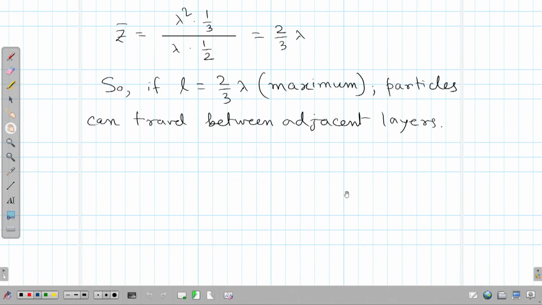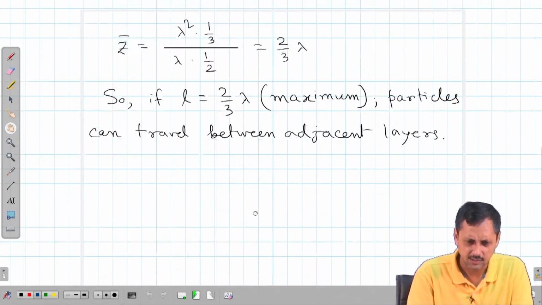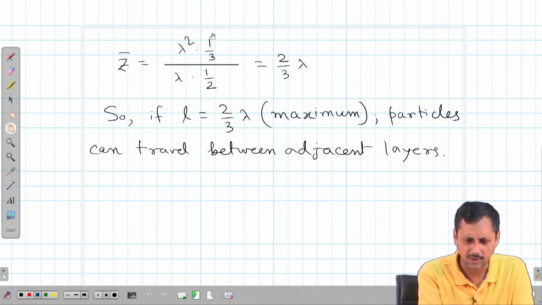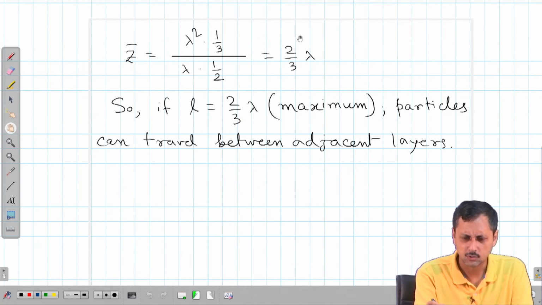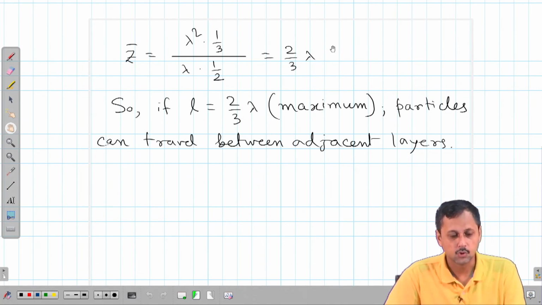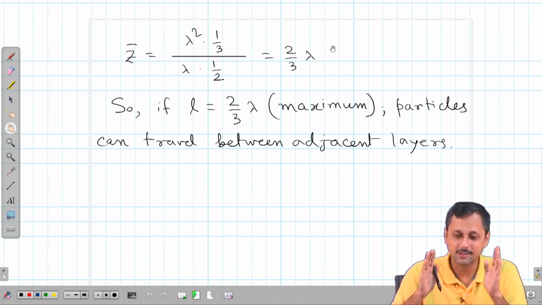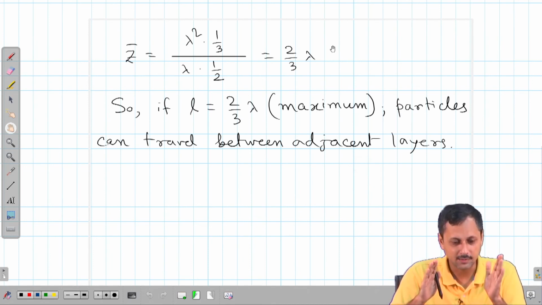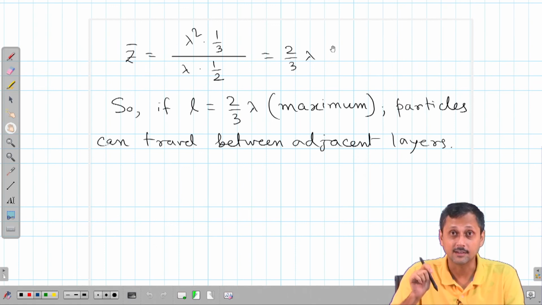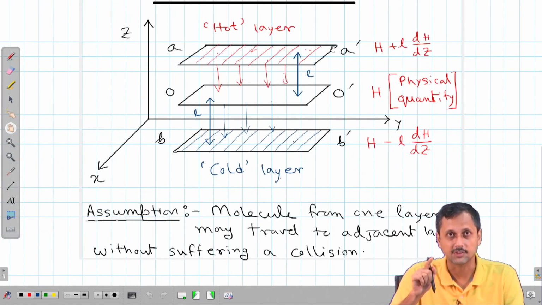Now, if we put all these values, we see that z bar is equal to lambda square times 1/3 divided by lambda times 1/2, which is 2/3 lambda. So, if L is equal to a maximum of 2/3 lambda, then particles can travel between adjacent layers without suffering a collision. So, let us go back to this picture once again.